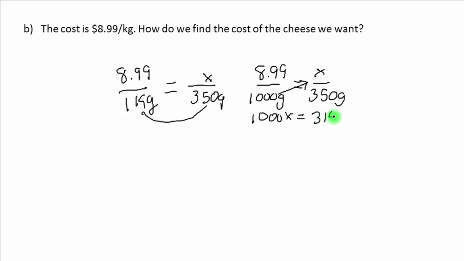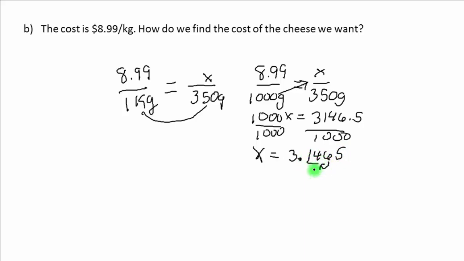And we'll get from that 3,146.5. Well, all we have to do now is divide by 1,000 on both sides. And we get x equals 3 point, because all we had to do really is move our decimal point 3 places, 3.146.